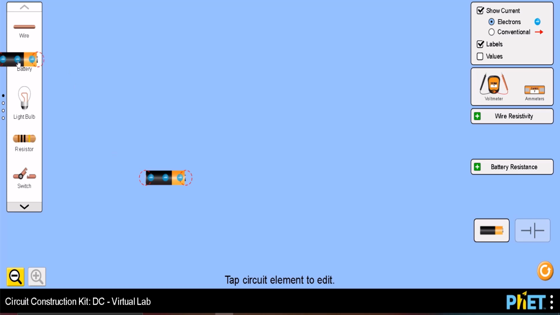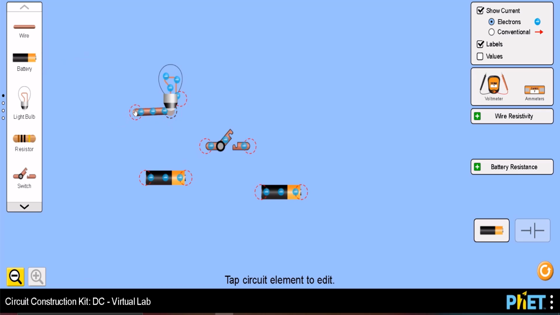So if I now take the second cell and join them in series, then it will become a battery. But let me first join the simple circuit using the light bulb, connecting wires, and a switch.